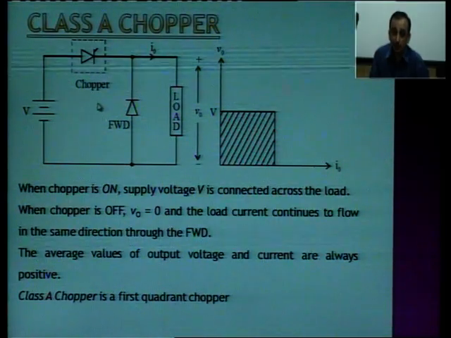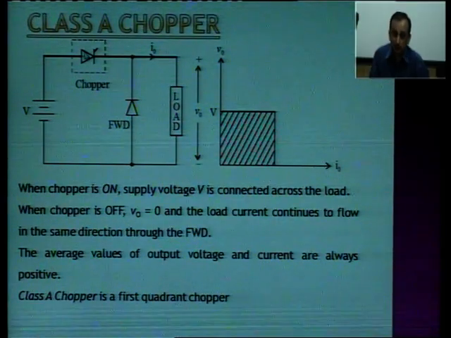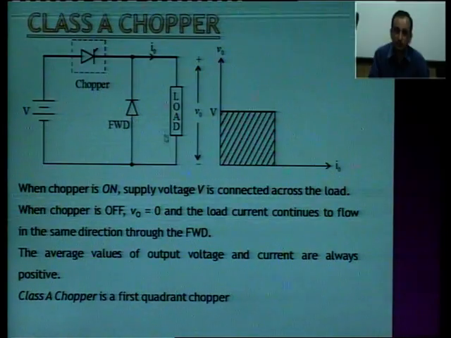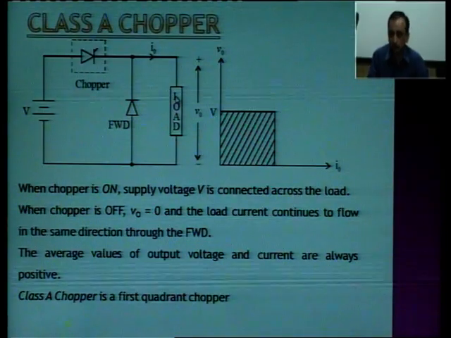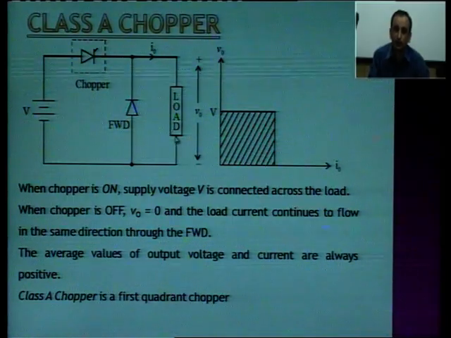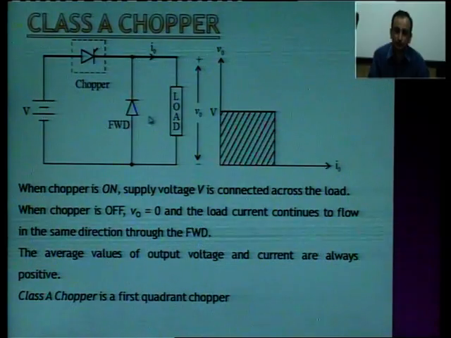In case it is turned off, because we will turn it on and turn it off, what happens when it is off? In that case, it depends upon the load. If it is an R load, there is no possibility of any freewheeling operation. But if it is an RL load, the current stored in the inductor will flow through the freewheeling diode.